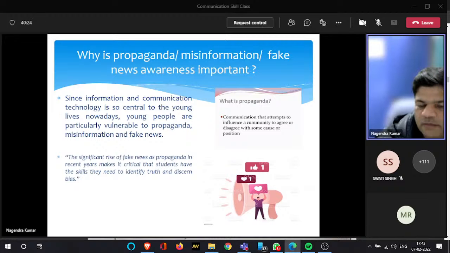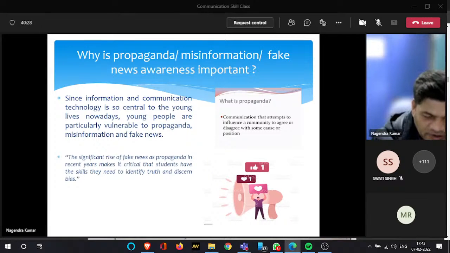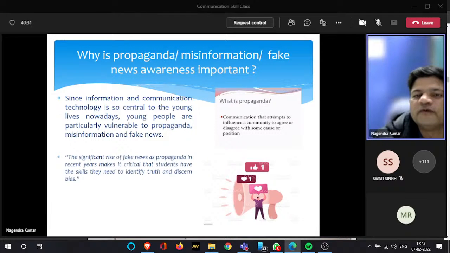As I said, friends, this impacts the most vulnerable population. Now you can ask who are the most vulnerable population, and I can tell you our entire nation is vulnerable. Why? Because we are not media literate.